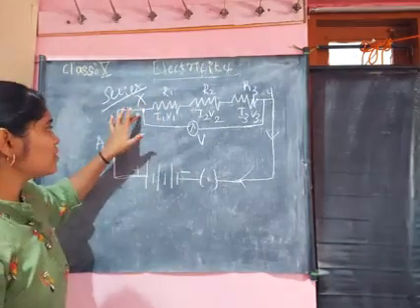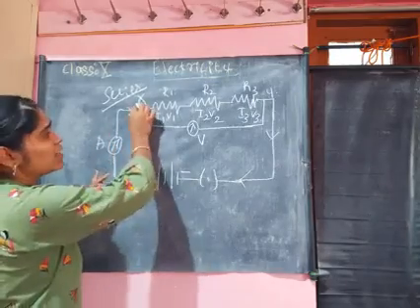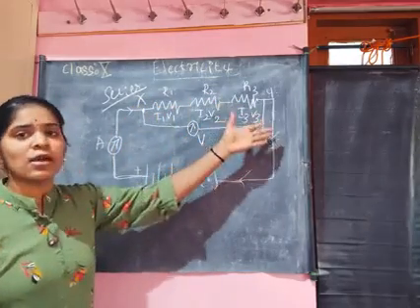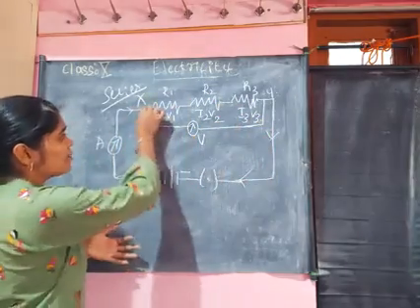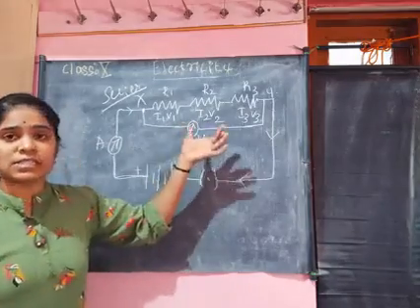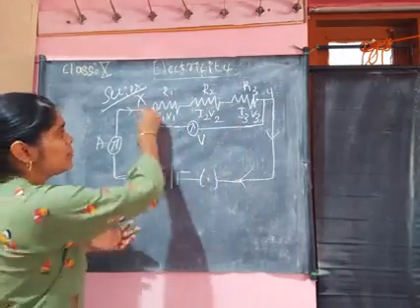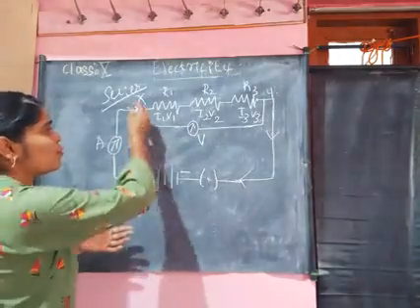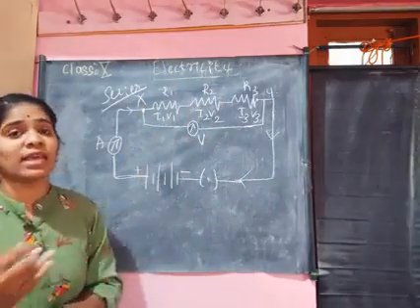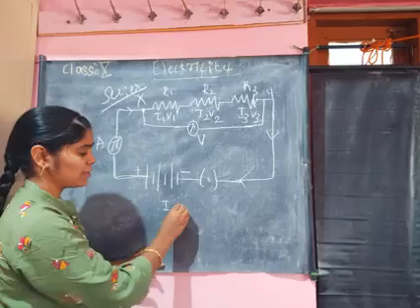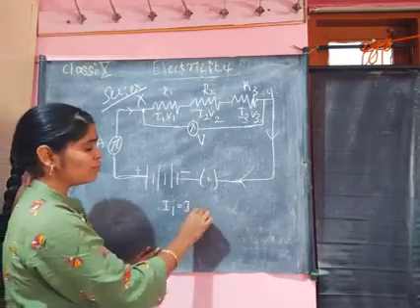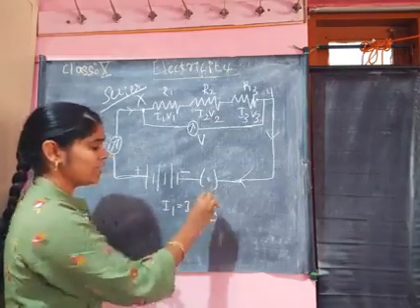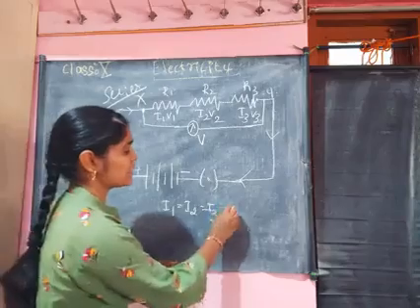Here the same current passes through the circuit, but the potential difference is divided. The potential difference from one point to another varies, but the current, I1, I2 and I3, in all these cases is the same.